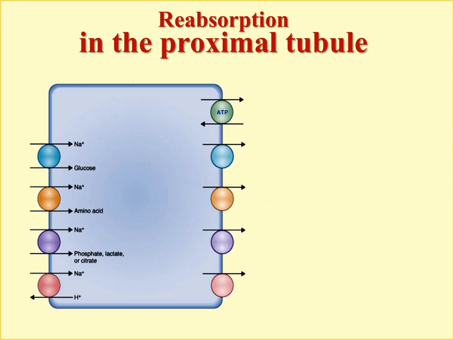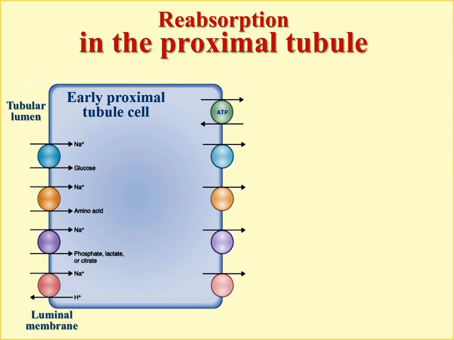Here, in one and the same picture, in the same proximal tubule cell, many mechanisms of reabsorption are summarized. To the left side of this cell we have the lumen of the tubule. To the right side is the basolateral membrane, which faces the blood vessel, the peritubular capillaries.